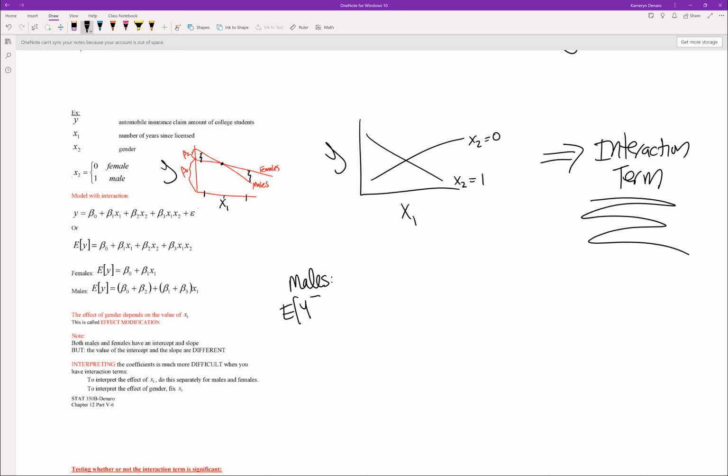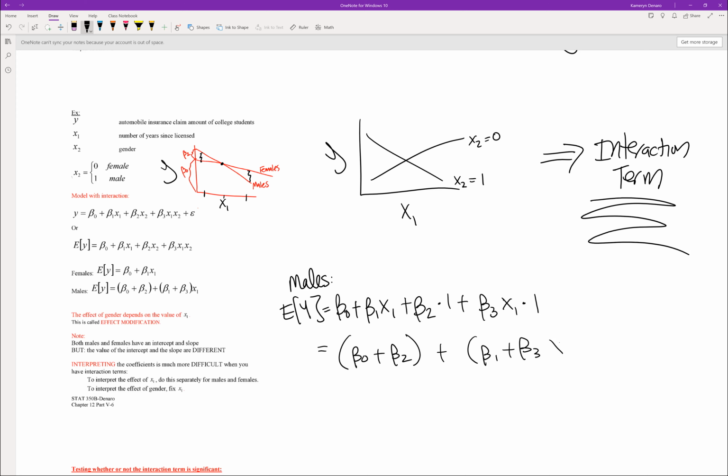The expected value of Y is equal to beta 0 plus beta 1 X1, plus beta 2 times 1 plus beta 3 X1 times 1, because when you're a male this indicator value equals 1. Rearranging, we get beta 0 plus beta 2, plus beta 1 plus beta 3 times X1.